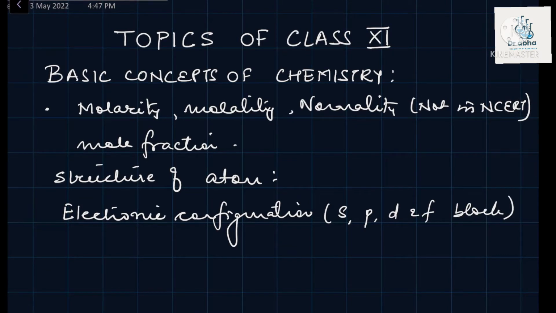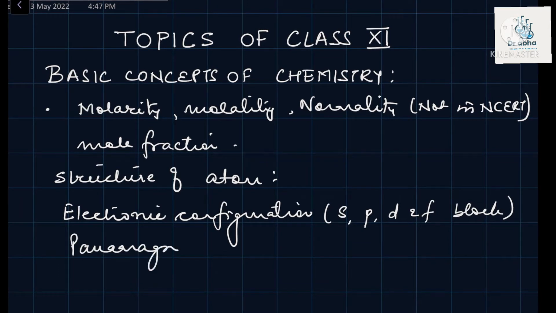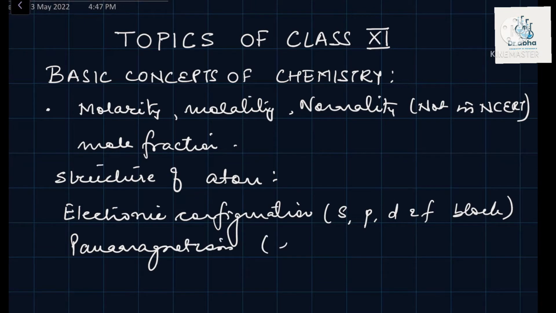You have to know electronic configuration, then paramagnetism, how to find out that the atom is paramagnetic, right? With the help of unpaired electrons, that's another important topic.